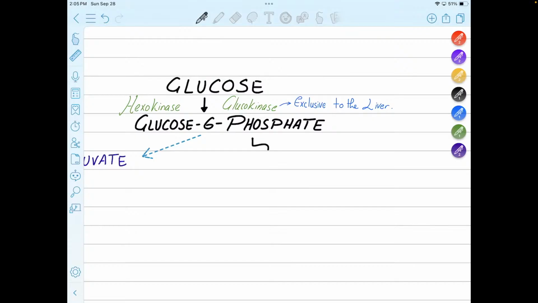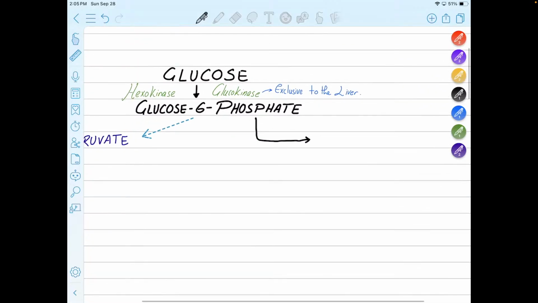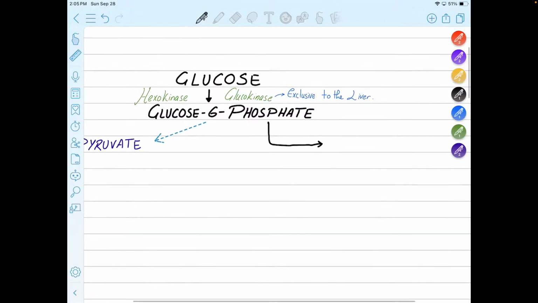So this would basically shift up, right? Now this step is really important, so I'm going to make it very clear what's actually going on here. Glucose 6 phosphate's fate was certain, that it would become pyruvate. That's basically glycogenesis.